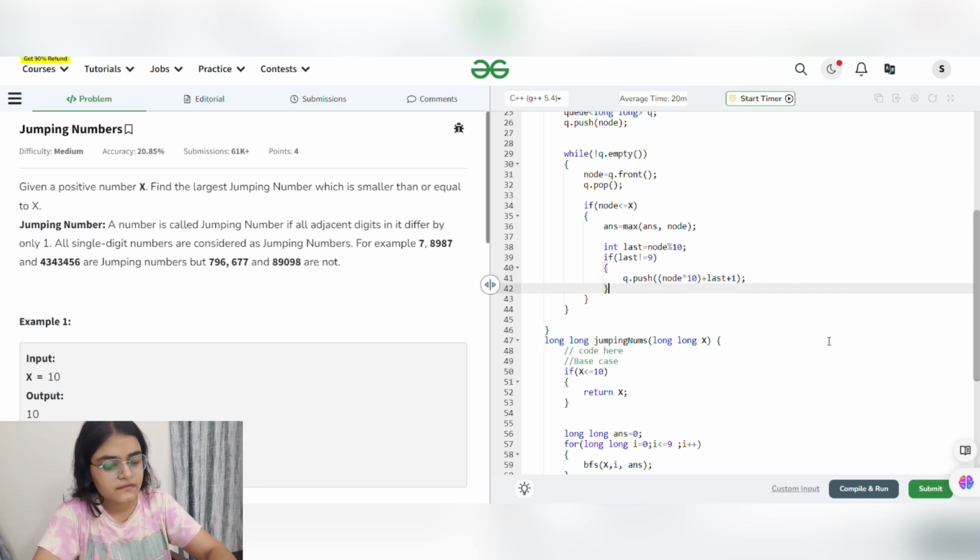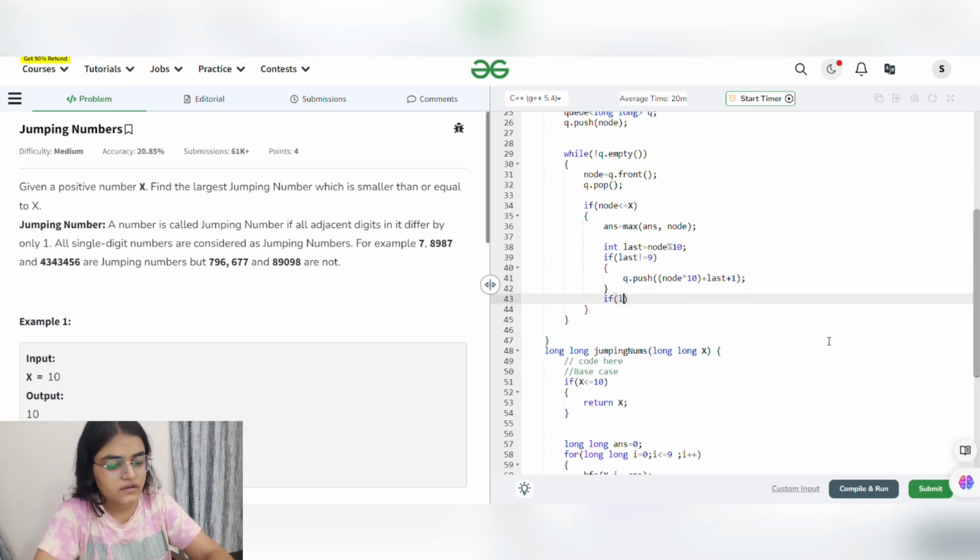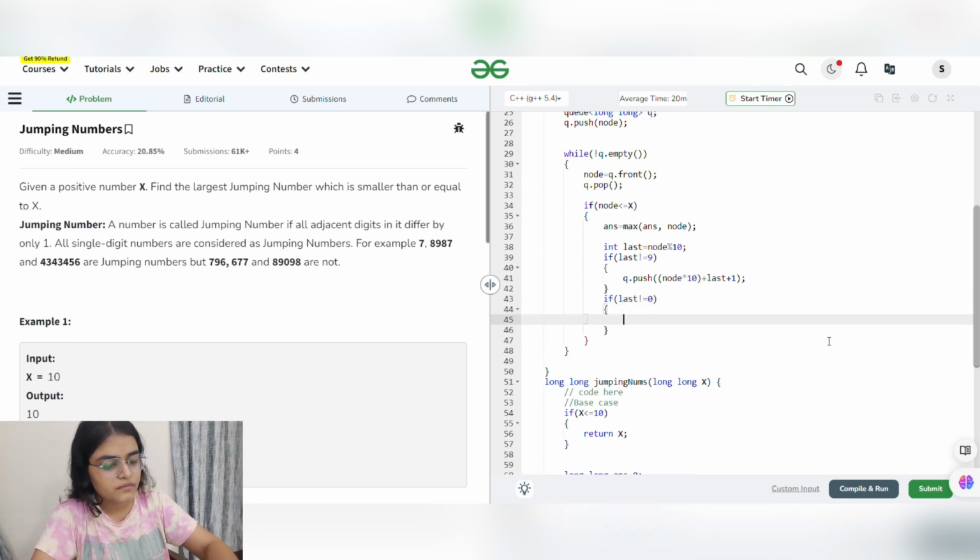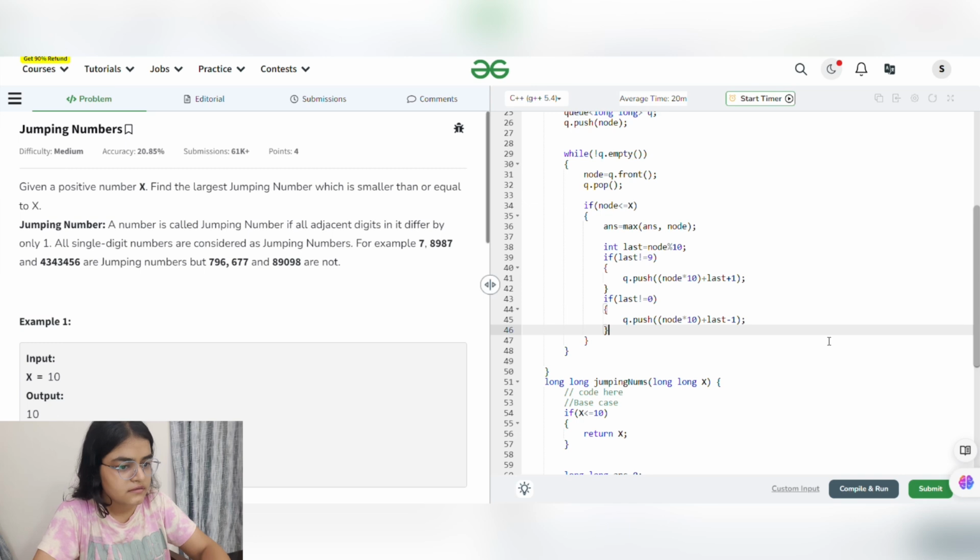And if last is not equal to 0, then q dot push node into 10 plus last minus 1. Okay, done.